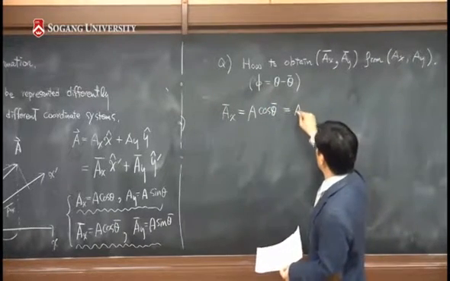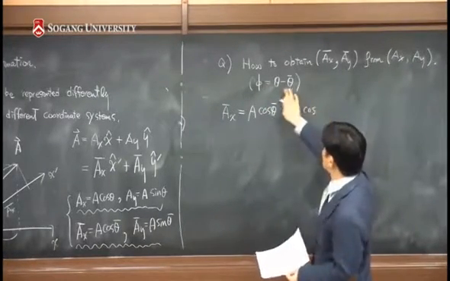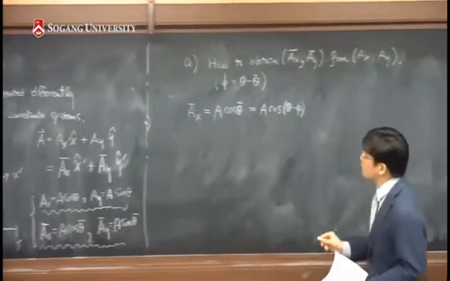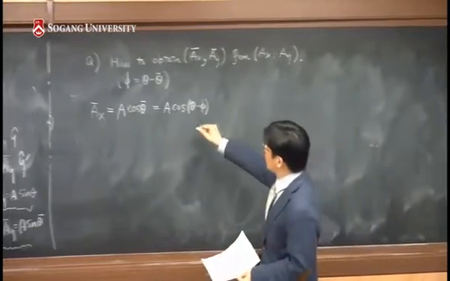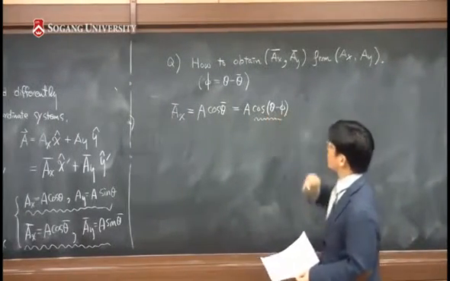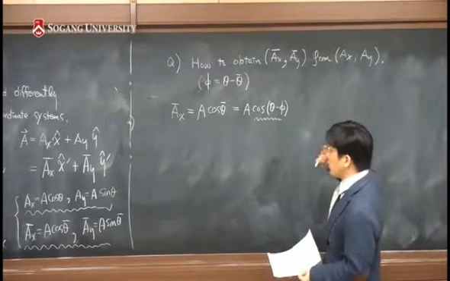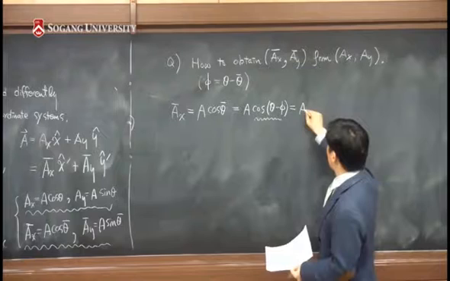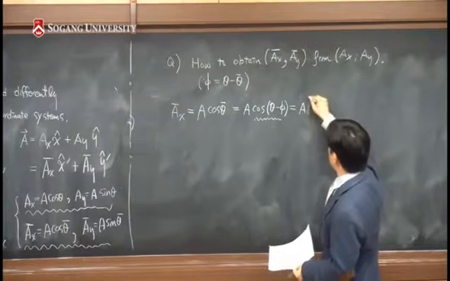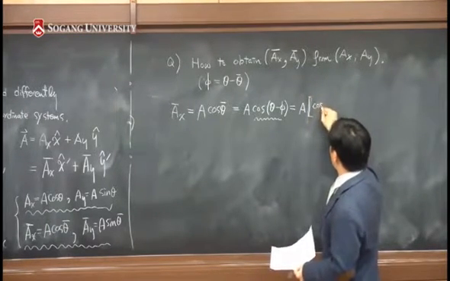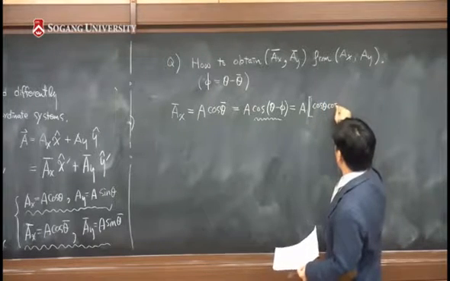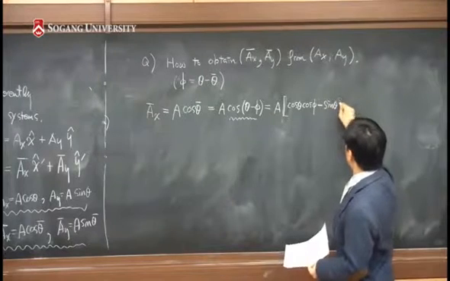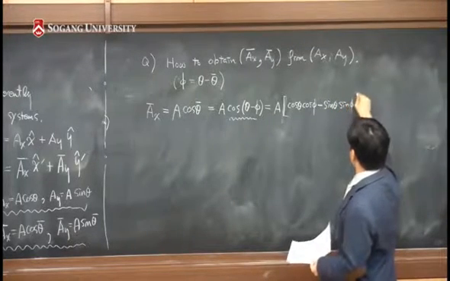So it will be cosine of theta minus pi. Using the trigonometric expansion, you will have cosine theta times cosine pi minus sine theta times sine pi.